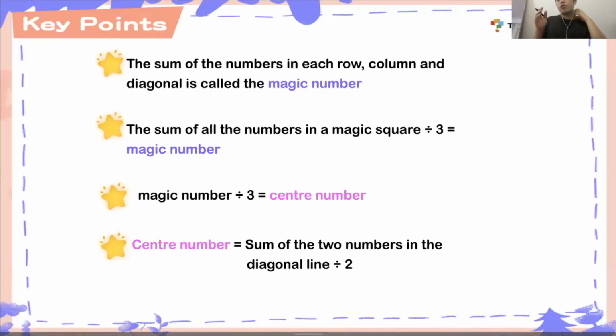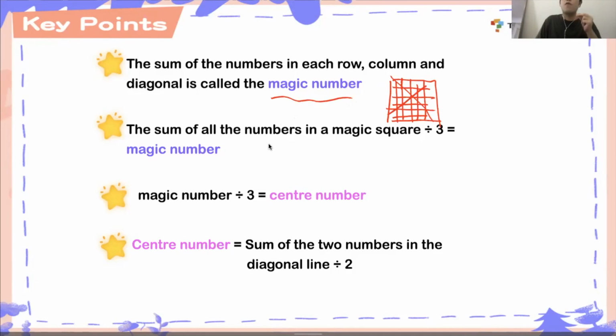And we should talk about something about magic squares. So in a magic square, we have several key points. The first one is that the sum of numbers in each row, column, and diagonal is called the magic number, right? So if we have a magic square like this, the sums of these rows, columns, and diagonals will be the same, and we call it the magic number.